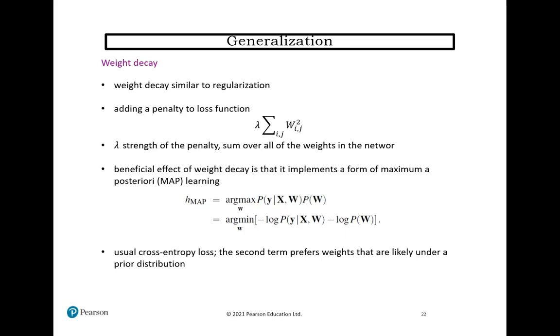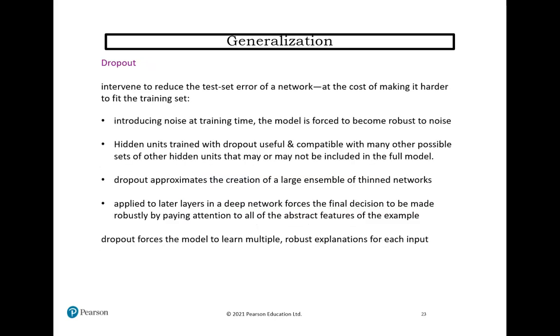Another way that is very popular is called dropout. The idea here is almost like the ensemble learning that we were talking about earlier. Essentially, in a hidden network, we drop out some neurons at random from the network, which forces the network to be more robust and still make a prediction after missing these neurons.